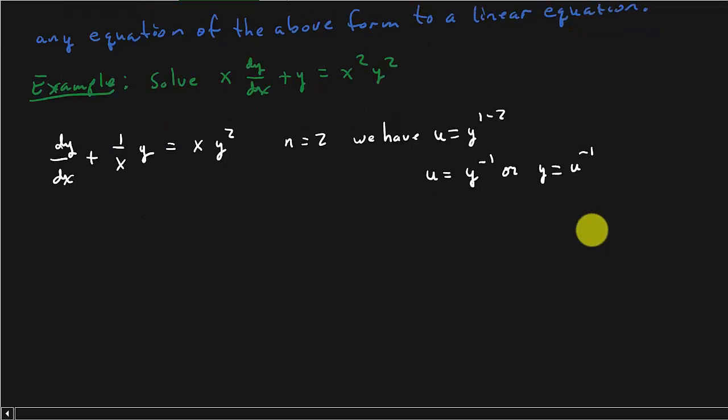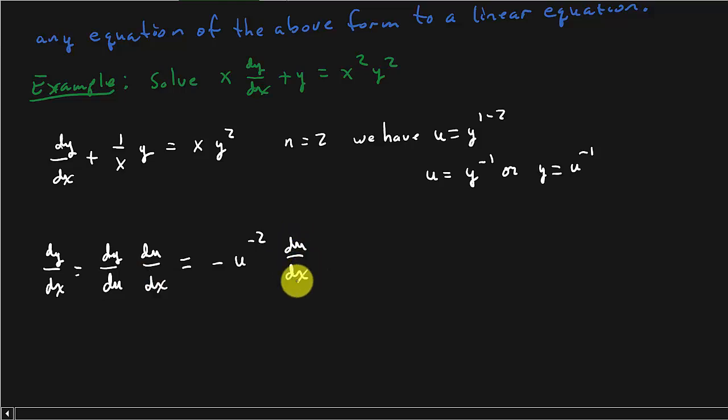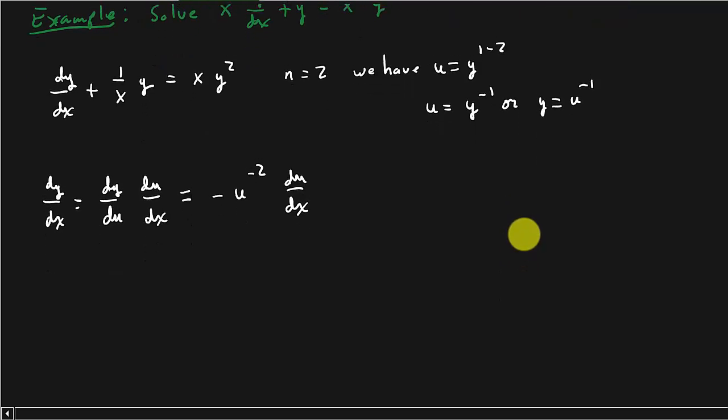All right, so now what do we have here? We've got dy/dx is equal to dy/du times du/dx. So dy/du, the derivative of y with respect to u, is going to be negative u to the negative 2, and then times du/dx. All right, so now let's make our substitutions.